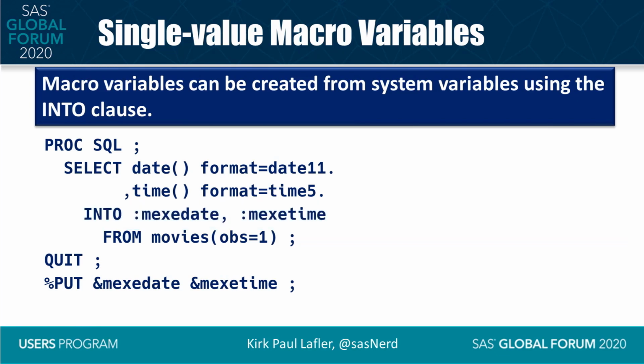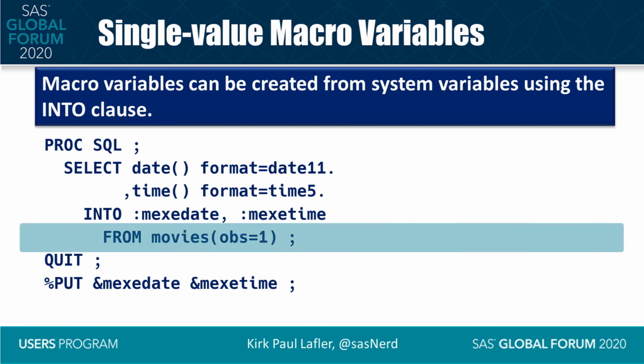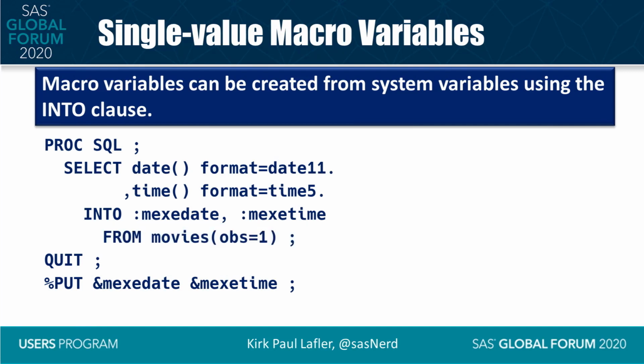The first observation is going to give us this valuable information that comes from the system date and system time. It wouldn't be important to select all observations. We only need one observation to do this. And then we can use that content in our reporting, etc.